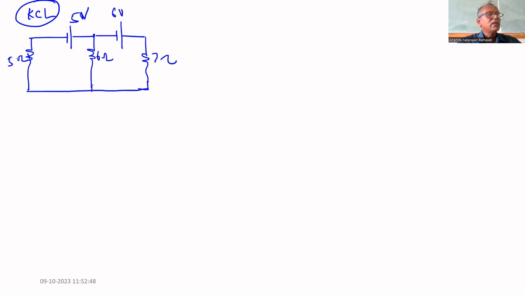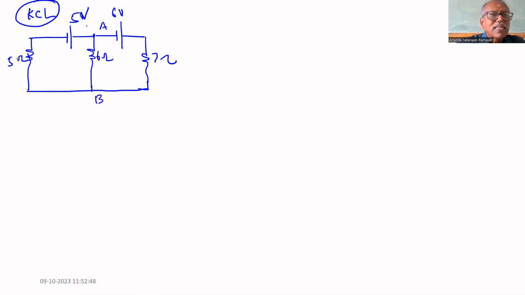How many nodes are there? Actually, it is misnamed. Node means junction of paths, at least 3 paths must meet for a nodal equation. Here, 3 paths are meeting, one at A and another at B.